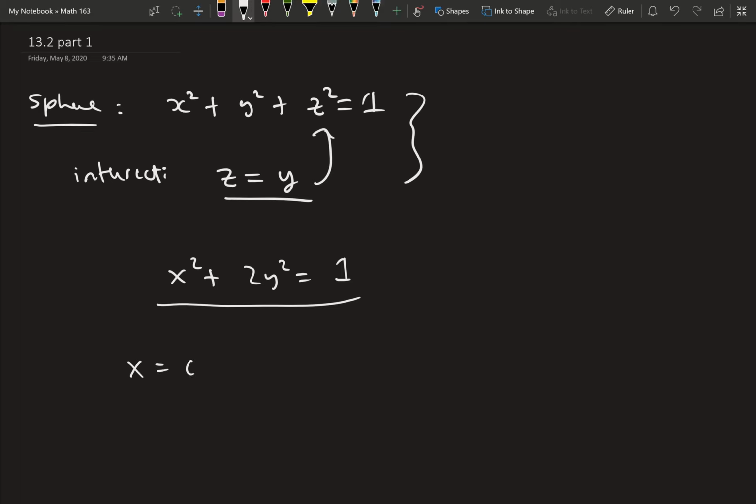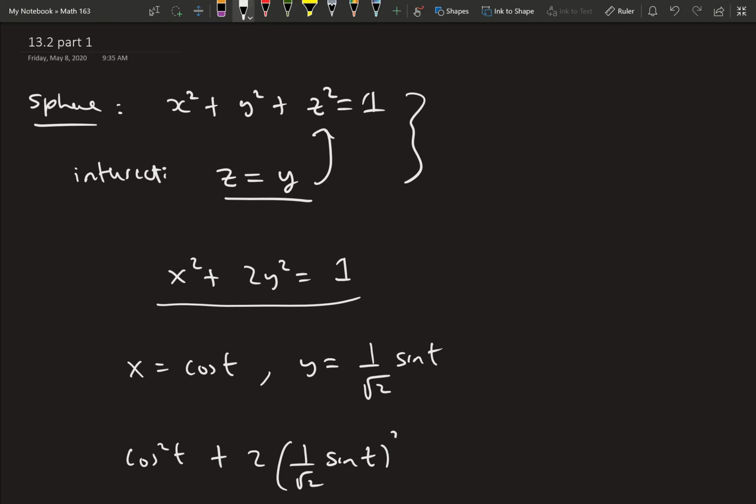So if we set x to be cosine of t and y to be, say, 1 over root 2 sine of t, notice that x squared, let me do this out actually, that cosine squared t plus 2 times 1 over root 2 sine of t squared is actually just cosine squared plus sine squared, and that equals 1.